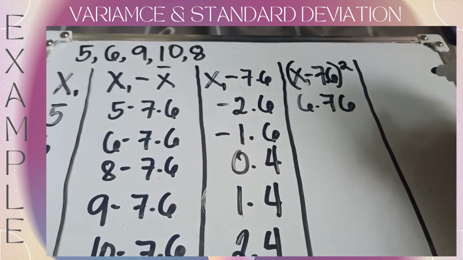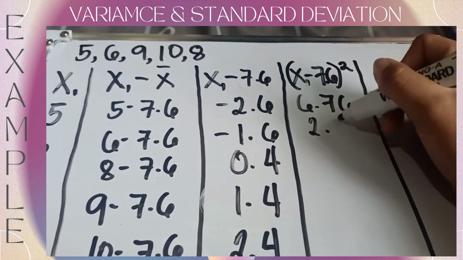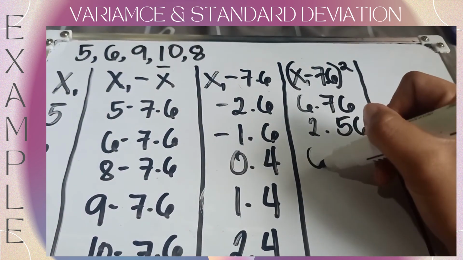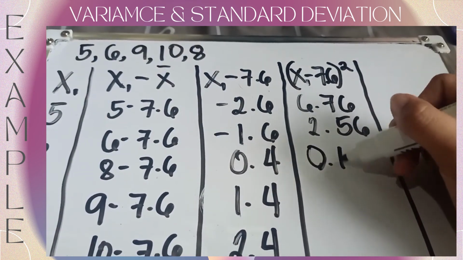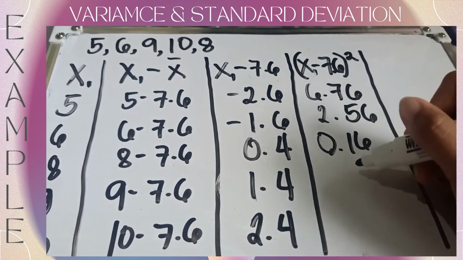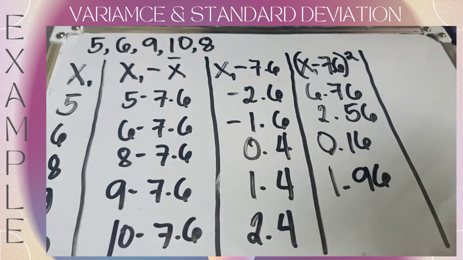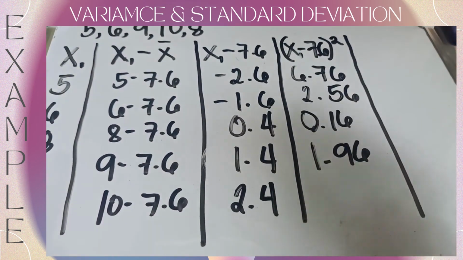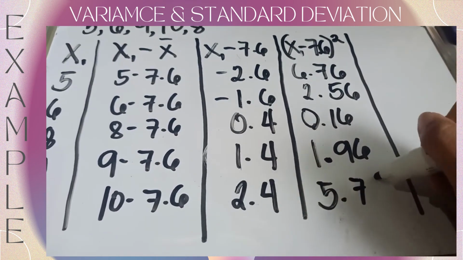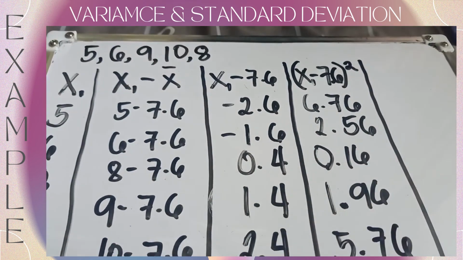And the square of negative 1.6 is equal to 2.56. The square of 0.4 is equal to 0.16. The square of 1.4 is equal to 1.96. And the last, the square of 2.4 is equal to 5.76. Alright? So, nakuha na natin yung kanilang mga squares.